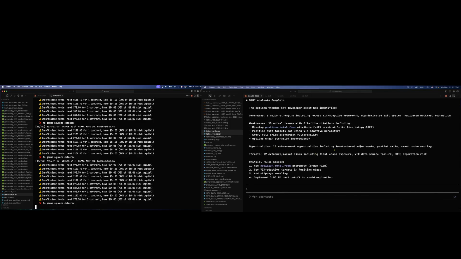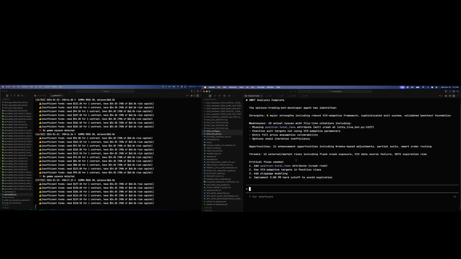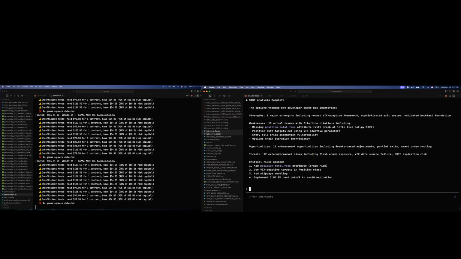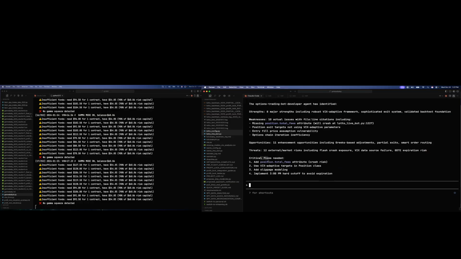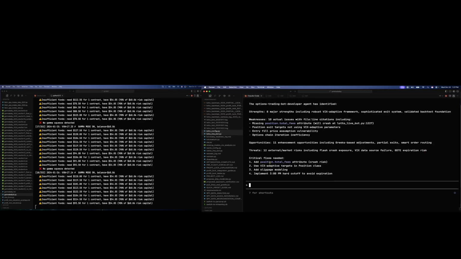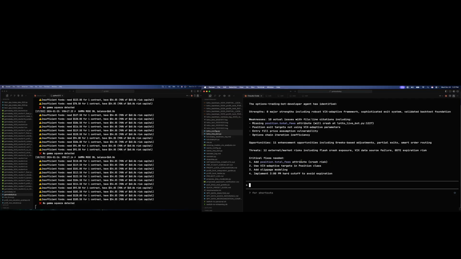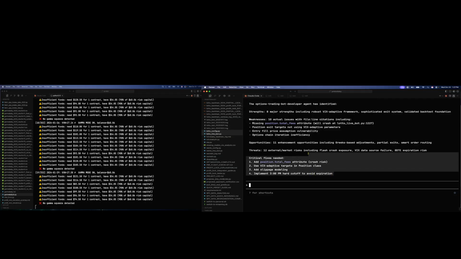Opportunities: 11 enhancement opportunities, including the Greek-based adjustments, the partial exit, and the smart order routing. Threats: 12 external market threats, including the flash crash exposure, VIX data source failure, and 0 DTE expiration risk. Citations needed: add position total fees attribute crash risk, add the VIX adaptive target for position class, add slippage modeling, and implement a 3 p.m. hard cutoff. No, bro, we're not even trading until 3 p.m. So that's kind of redundant, but I get it. But I'm not going to be trading till 3 p.m. either. So, few things.